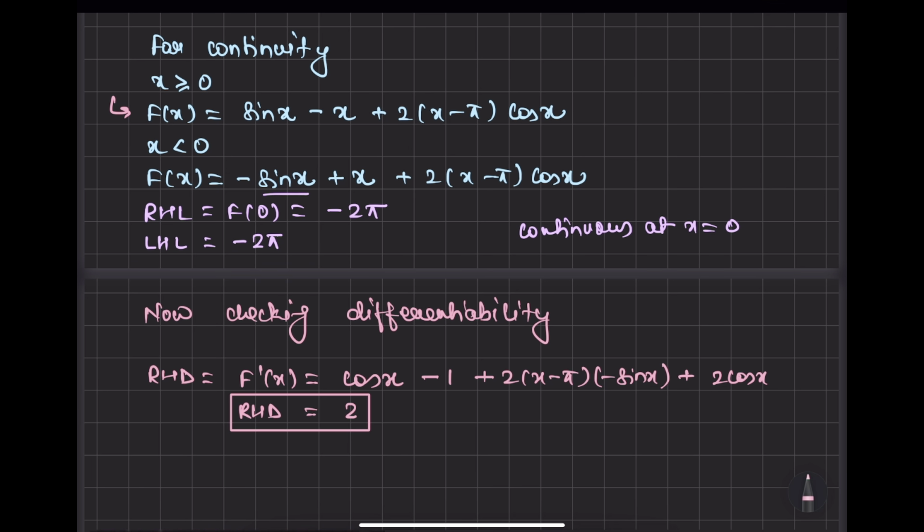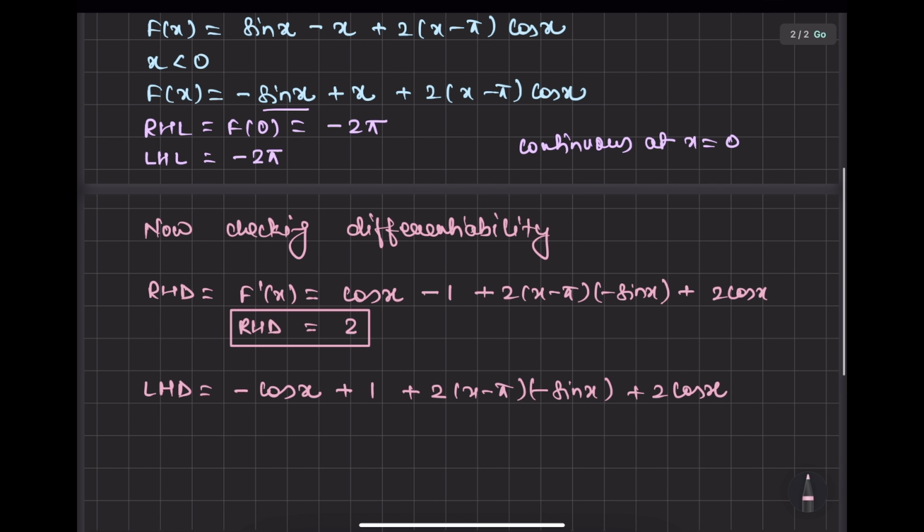Now focus on LHD. You are checking differentiability at x equals 0. So for LHD, you will be using this definition. So it is minus cos x plus 1, and then you will do the differentiation of this component. It is (2x minus pi) times minus sine x, and then 2 cos x.